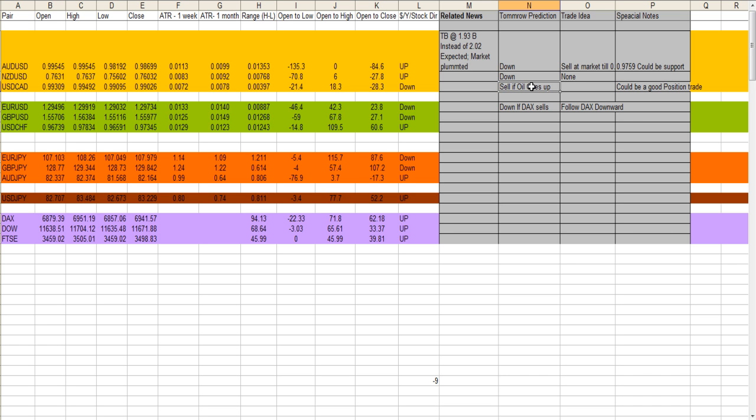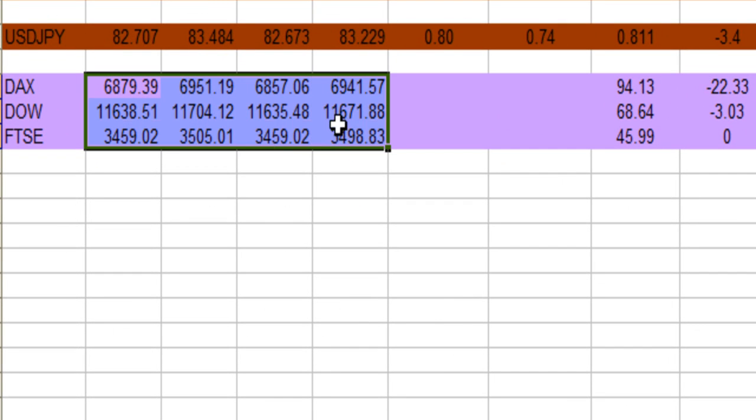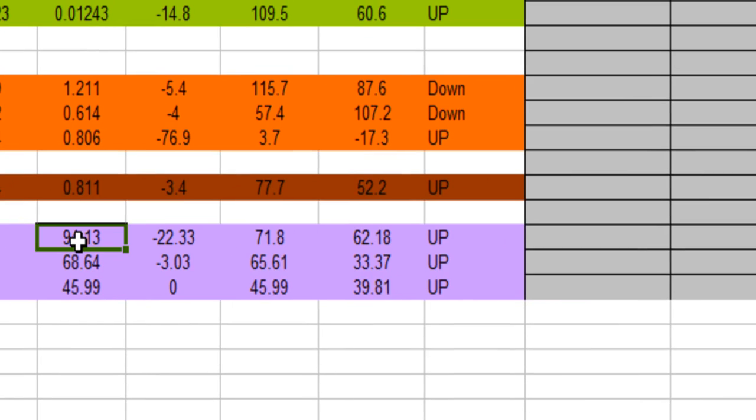And then Euro USD, I have previously explained why I'm bearish on the euro, and today we had a good one-way upward direction on the DAX, and this caused the euro to perhaps gain some strength.